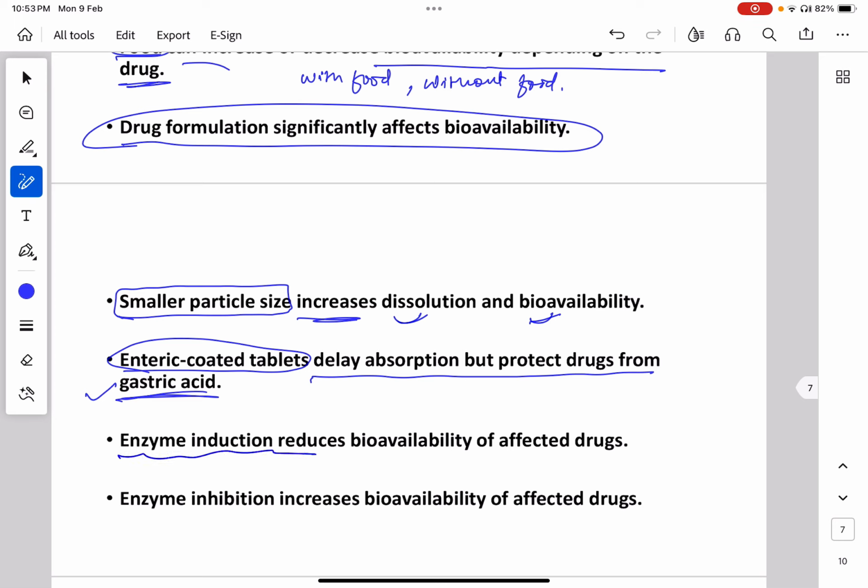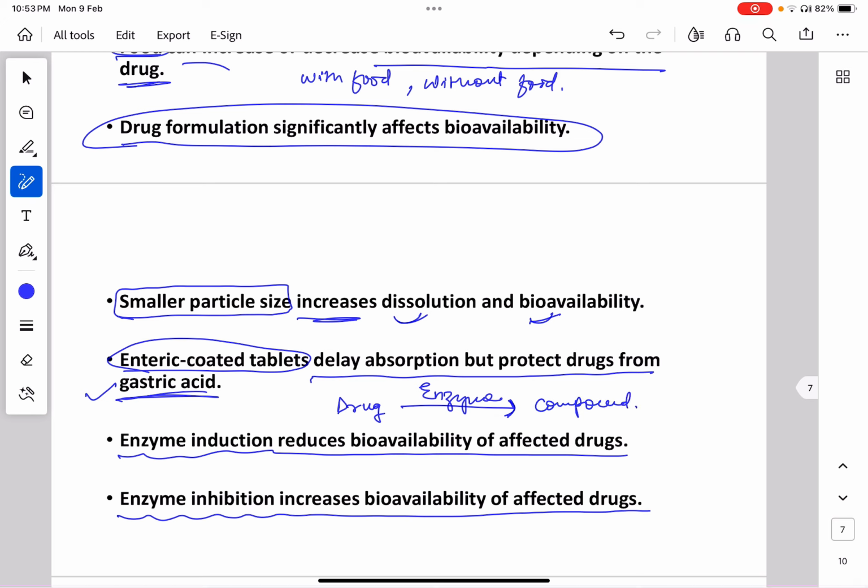Enzyme induction reduces bioavailability of affected drugs, and enzyme inhibition increases bioavailability of affected drugs. What does this mean? Suppose this is a drug and some enzyme is acting on it, metabolizing it into some other compound.